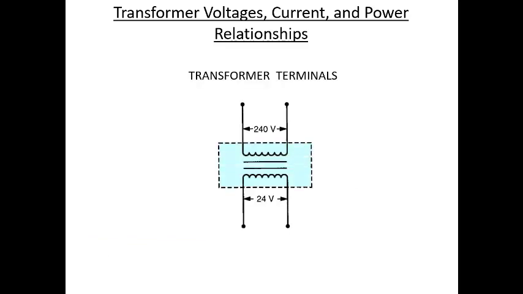systems. Transformer terminals, if we had a transformer sitting in front of us, we would see that there'd be letters next to the screws, H1 and H2 for the high voltage leads, and then X1 and X2 for the low voltage leads.